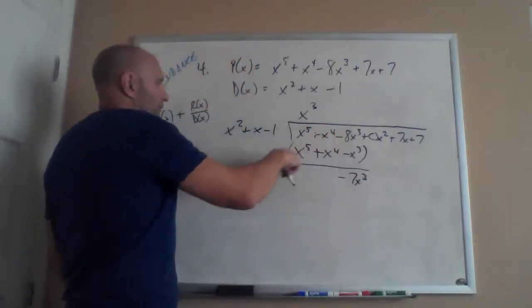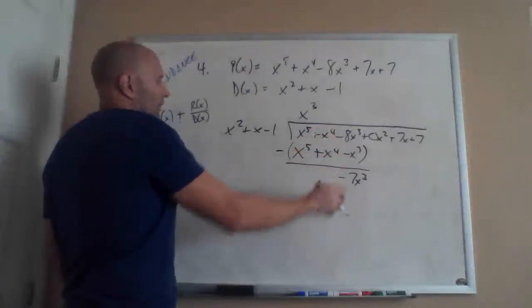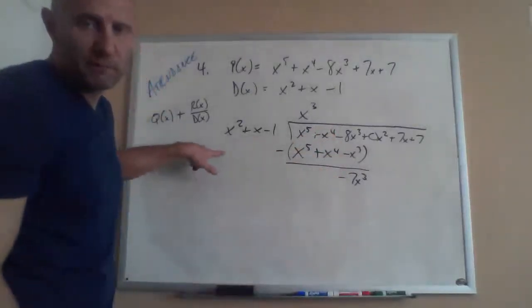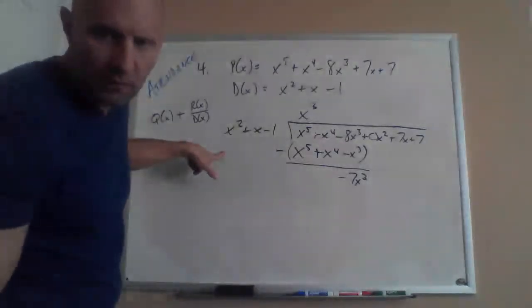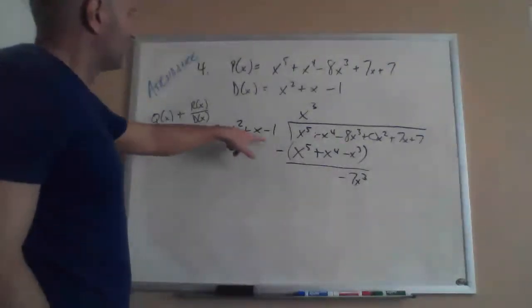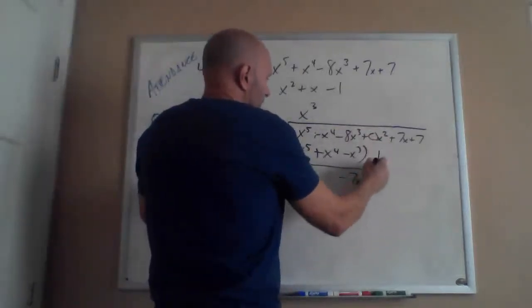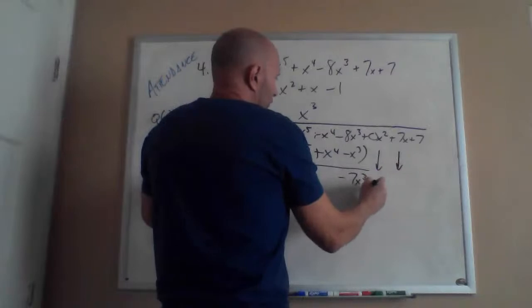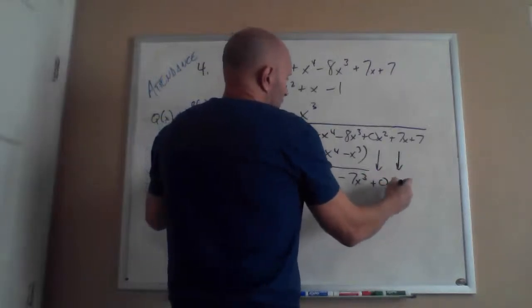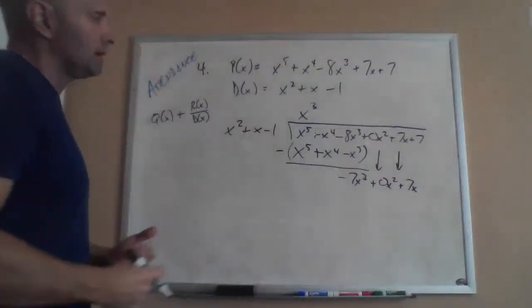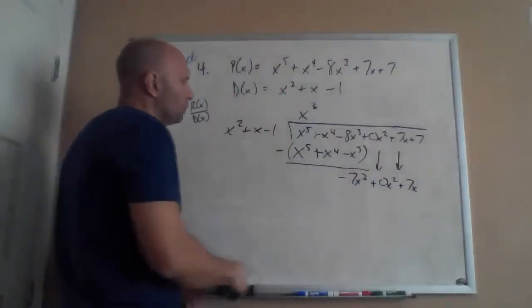So negative 8x to the third plus, so negative 8 plus 1 is negative 7. So I have 3 terms in the front here, so I'm going to have 3 terms down here. So I actually need to bring down 2 terms in this situation. So the last problem, we just had to keep bringing down 1. In this case, we have to bring down 2.